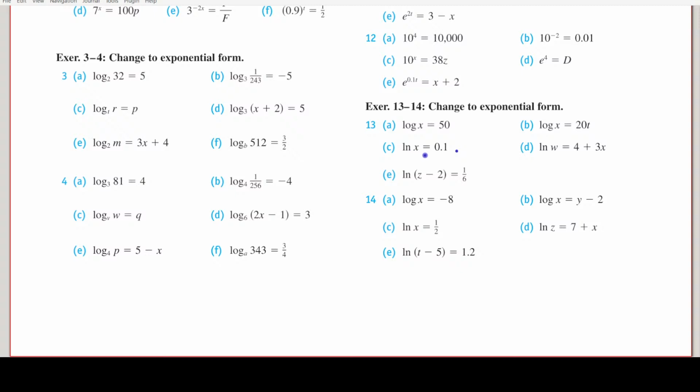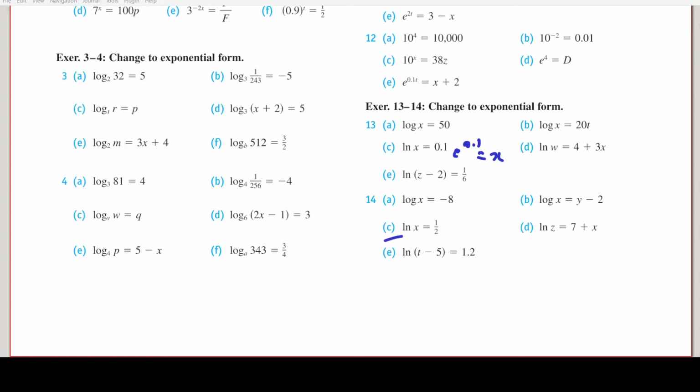13, see how will we write? Yes, sir. E power 0.1 is equal to x, right? Similarly, this one 14, let's say 14c.